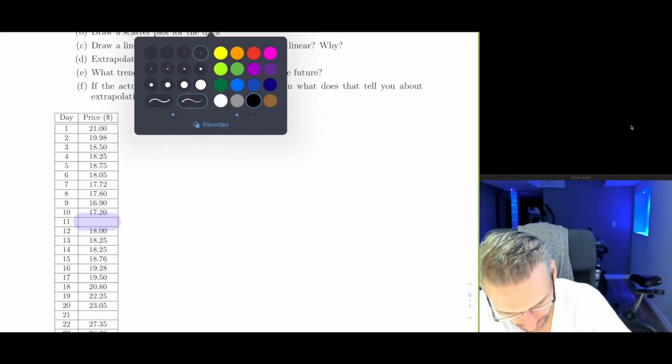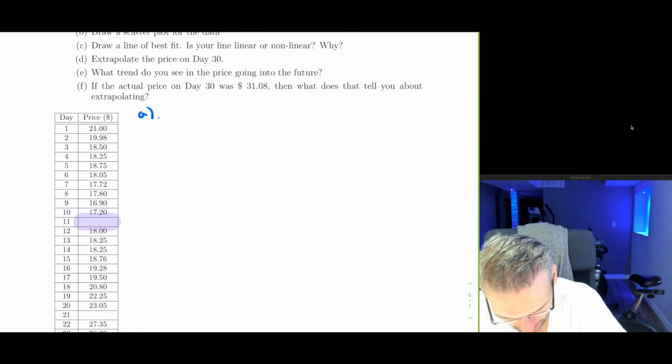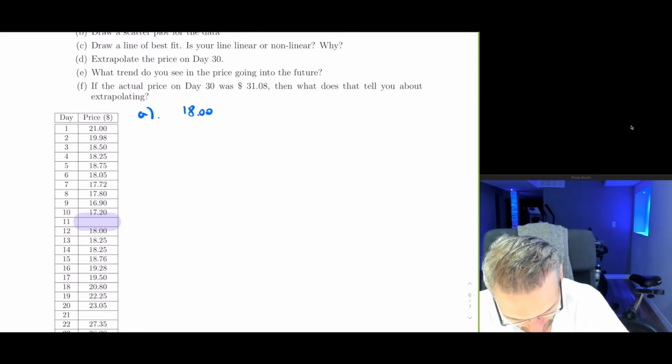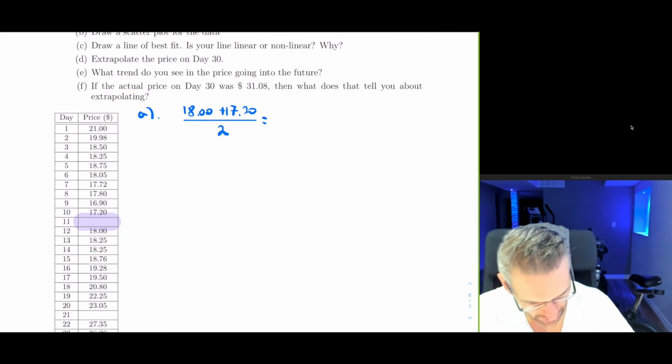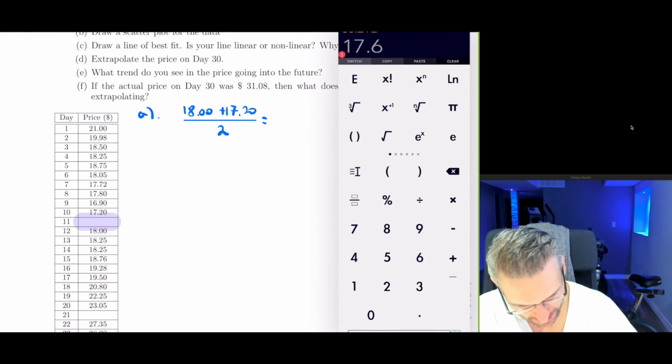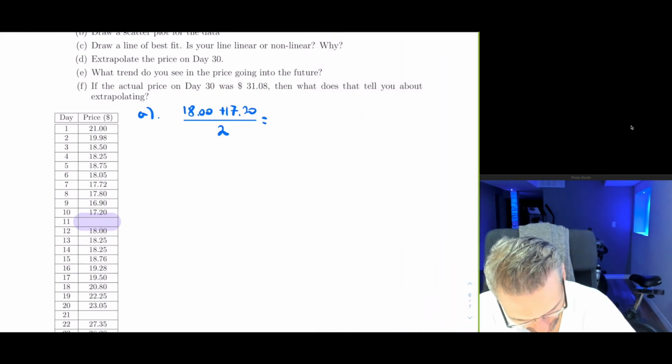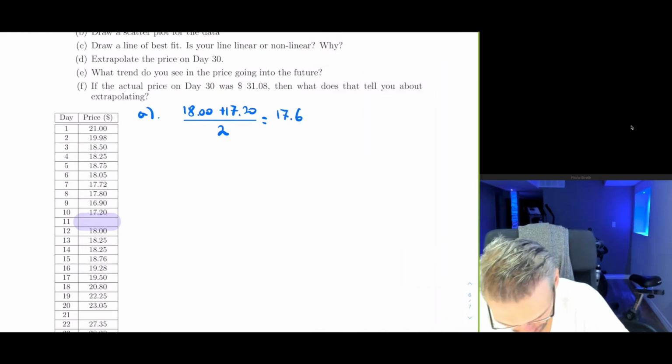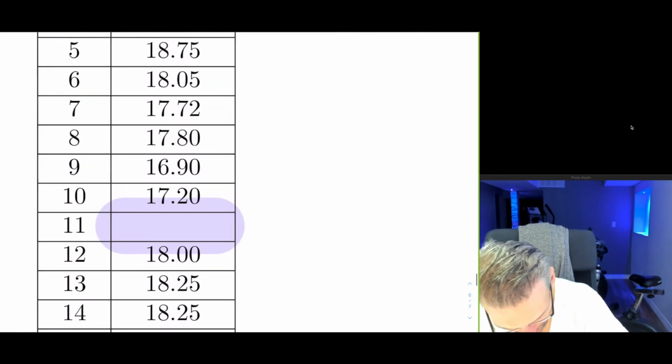So this would have been, let's say, A. The interpolated point, so that's 18 plus 17.20 divided by 2, which is the interpolation point, and we can plunk that into our calculator. Sorry, divided by 2, so 17.6. So this would have been 17.6. So let's put that in there.